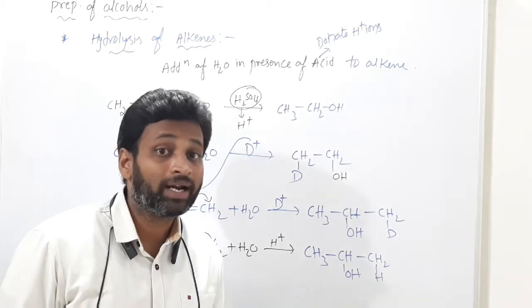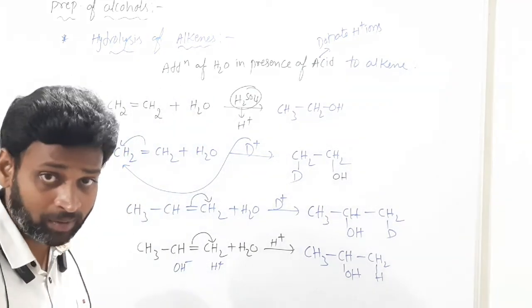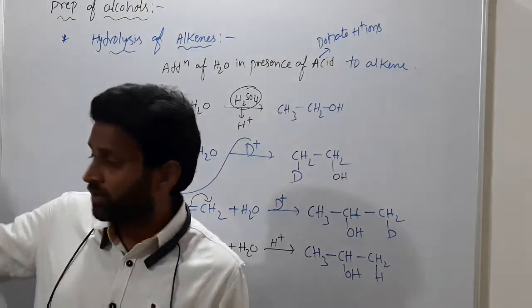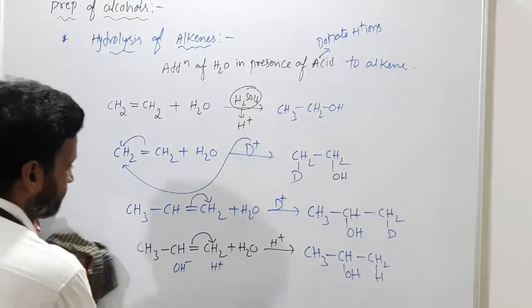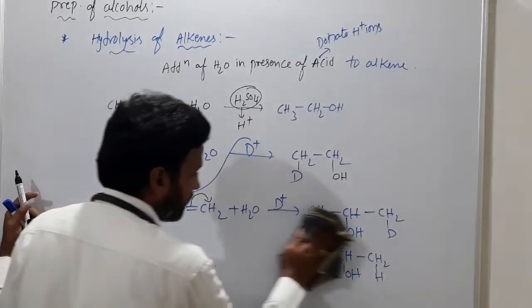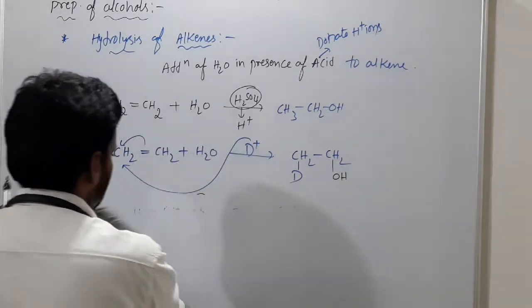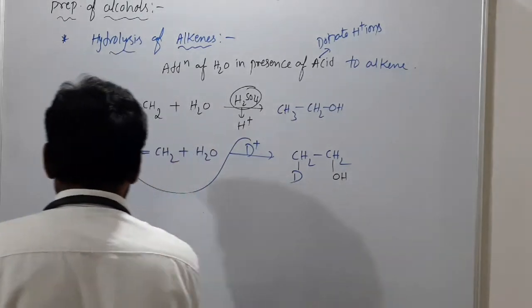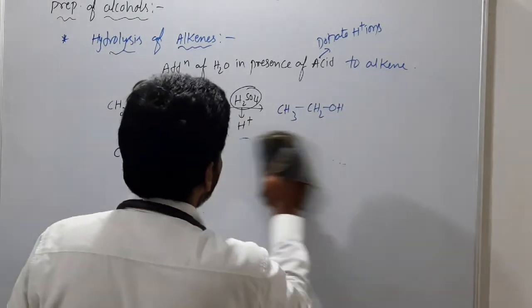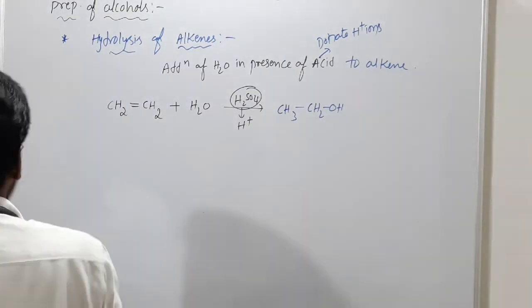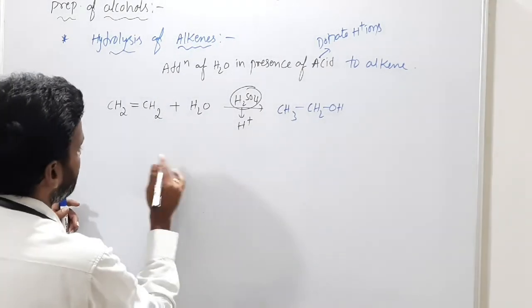Okay, even 1,2-hydride shift and 1,2-methyl shift, do you remember? Those also happen in this. Suppose here given like this. Okay, right or not? Okay, next we have to take one example here, if we use some different one in which the rearrangement takes place.